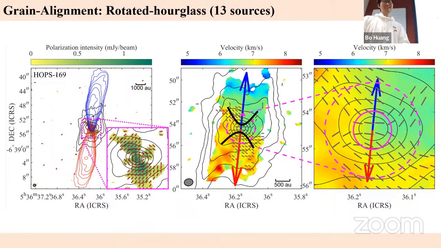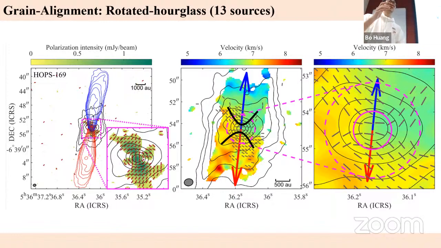Yes, that's a good question, because we need the velocity gradient information. The velocity gradient indicates the collapsing direction of the material. If the field lies along the direction of the velocity gradient, gravity would be significant enough, and maybe the outflow will influence the alignment of the magnetic field.